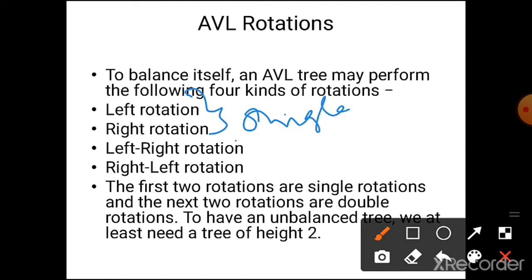And the next 2 consist of 2 rotations: first left then right rotation, and right then left rotation. So they are double rotations. To have an unbalanced tree, we at least need a tree of height 2.